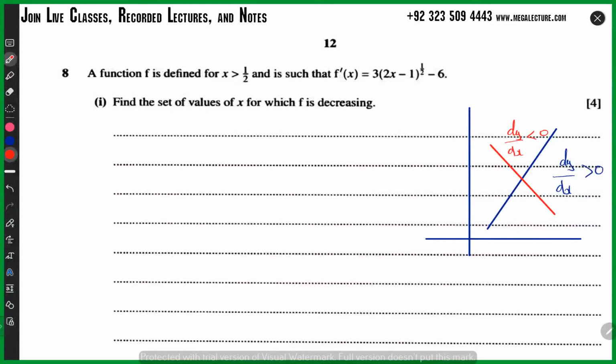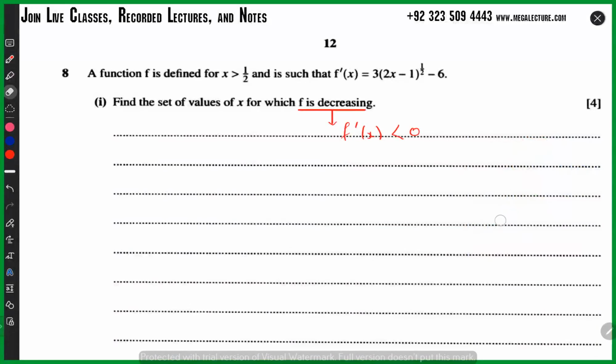So this is what we need to understand. Whenever your function is decreasing, the only thing that should come to your mind is that your derivative f dash of x is going to be less than 0. And if it was increasing, f dash of x is going to be greater than 0. We have already done one question of this type in the past. Anyways, f dash of x is already given, so let's just write that directly.